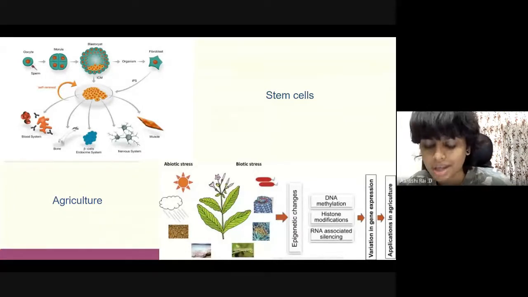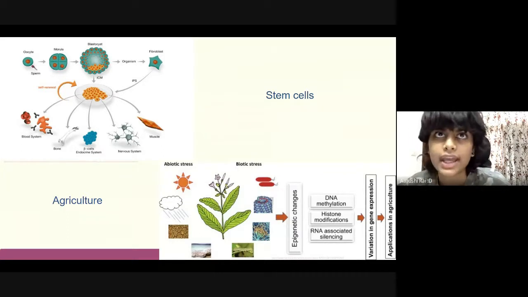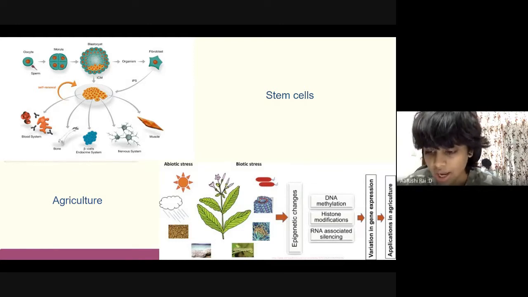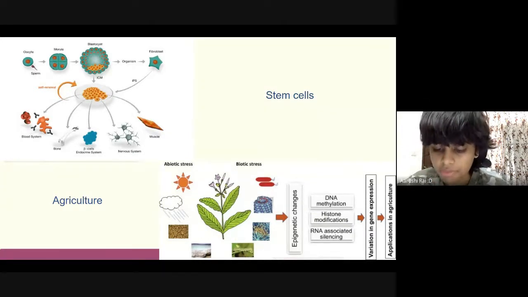Through epigenetic control mechanisms, crops are altered in such a way that they gain the ability to respond to our constantly changing environment and challenges, and the stress during the growth and development of a crop. It is a great application of epigenetics. This could lead to a future with climate smart crops. Next slide.